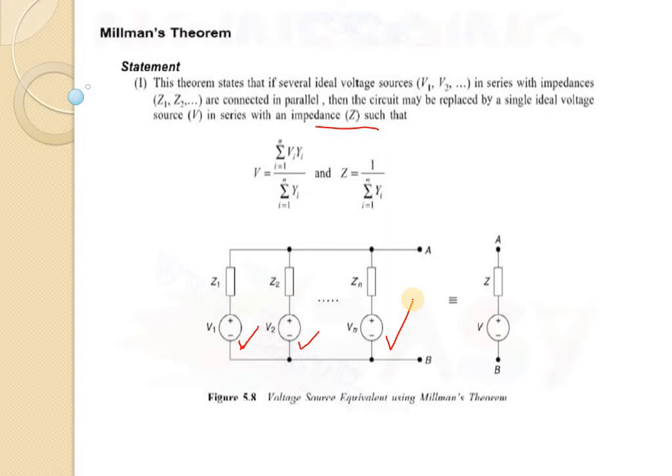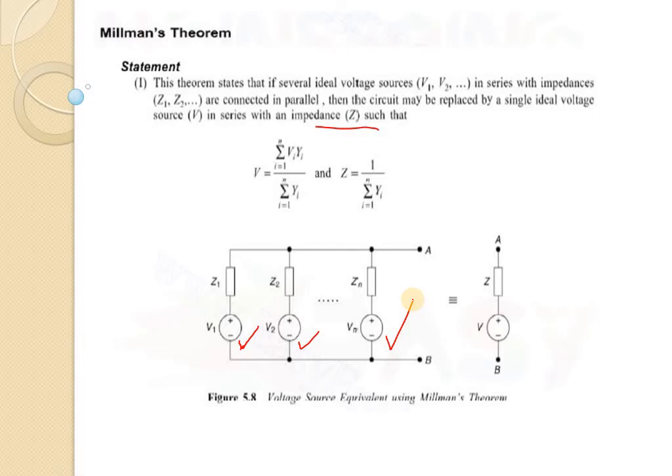We know that when voltage sources are connected in parallel, they can be summed up like V1 plus V2 plus V3. But here the fact is that the internal impedances Z1, Z2, Zn are also connected.